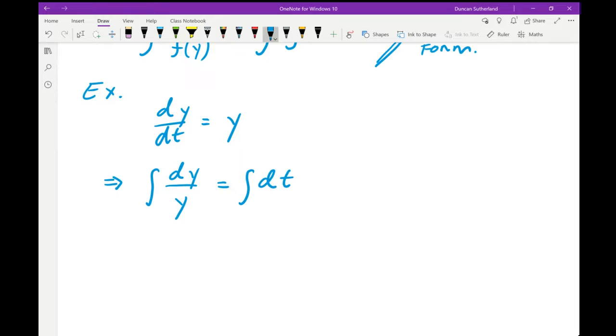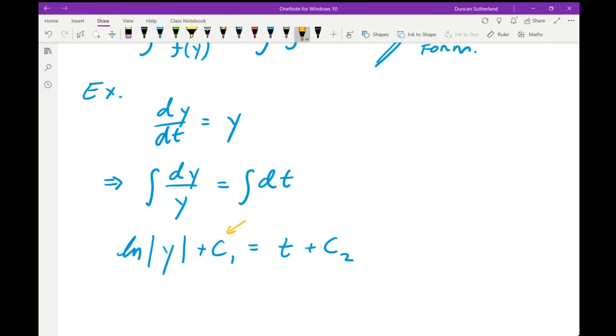So now what I've got to do is compute these integrals. So this is a logarithm of the absolute value of y plus a constant of integration. This is the integral of 1, so that's t, plus some other constant of integration. Now, that's quite slow.